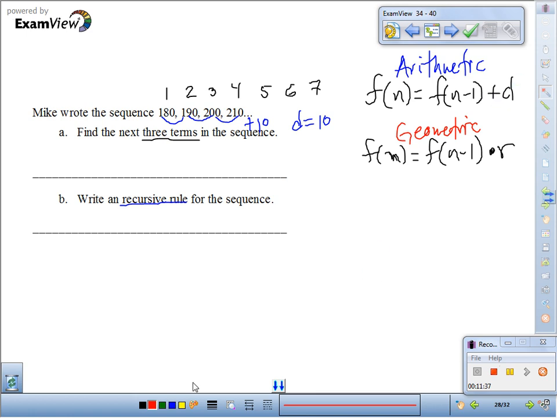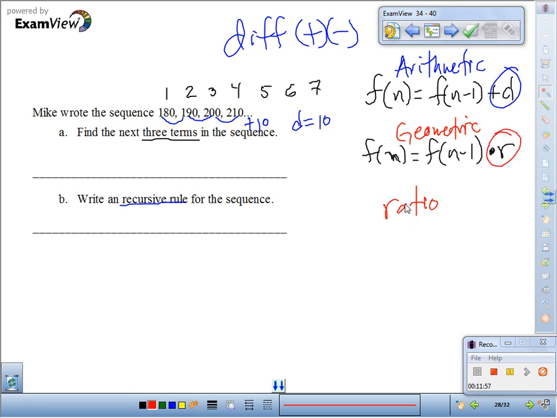What does the D stand for? The D stands for difference. You guys remember that? Difference. That means if the sequence is adding or subtracting. The R stands for ratio. That means if the sequence is multiplying or dividing.